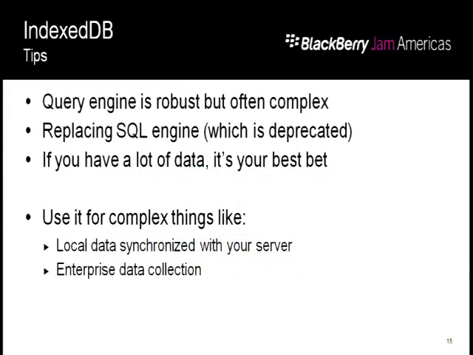So if you're using IndexedDB, the querying engine is robust, but depending on what you're doing, it may start to get a little bit more complex. The idea is that this can replace SQL and accomplish a lot of the same functionality, but the way it's used obviously looks a little different. If you have a lot of data, this is a much better way to store it.